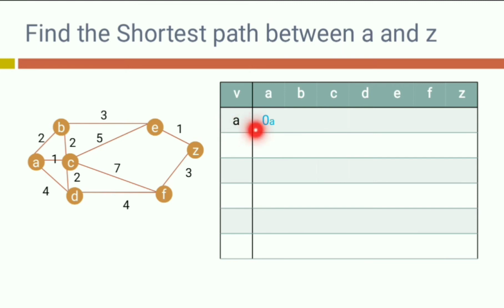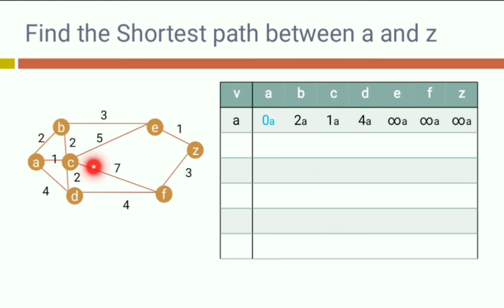The distance of A from B, as you can see from the graph, is 2, so it is 2A. The distance of C from A is 1, so I have written 1A. The distance of D from A is 4, so I have written 4A. It's not possible to directly reach E from A, so initially we'll choose infinity.